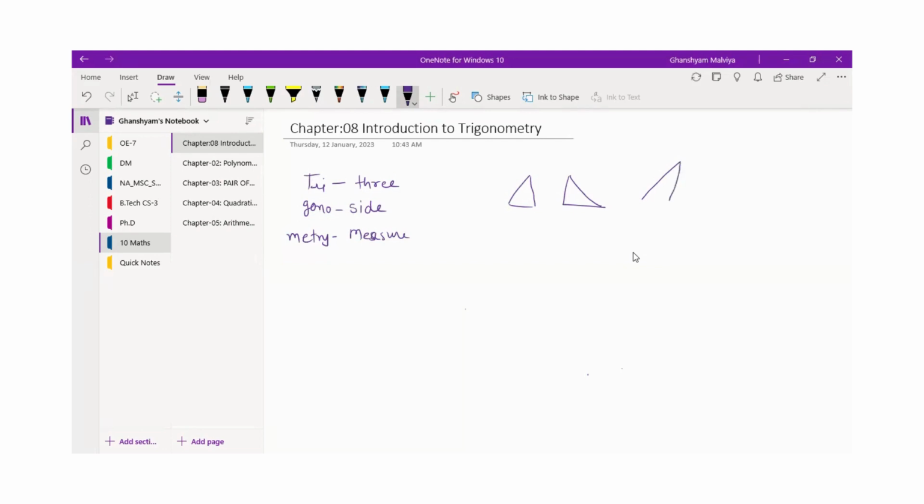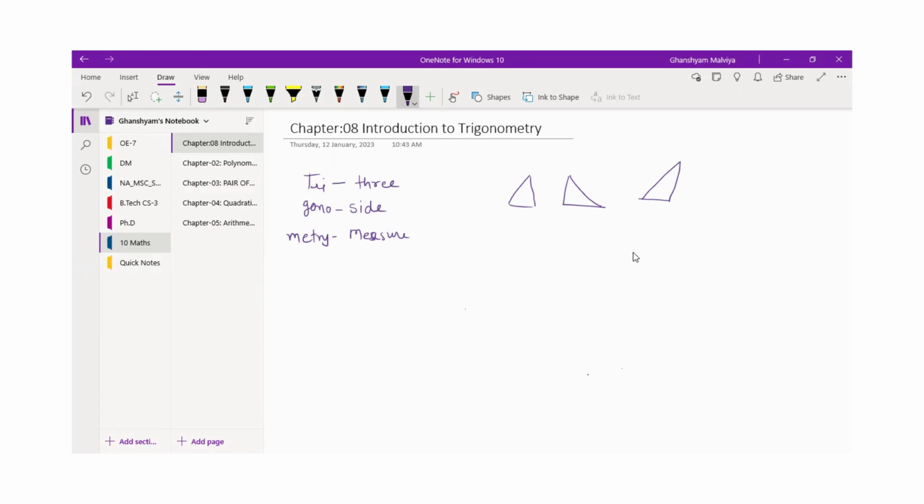In ancient times, they were not only measuring the three sides, but also using this method to find the distance between stars and planets from Earth.